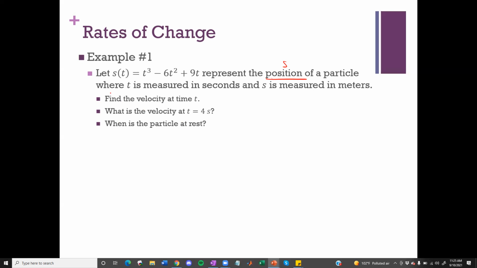Find the slope, and what's that process called? I need to find the derivative. At its core, the derivative is a function that tells you the instantaneous rate of change of some other function for whatever value of the independent variable I want to use. So if I want to find velocity here, I'll call it v of t. That's really the same as finding s prime of t.